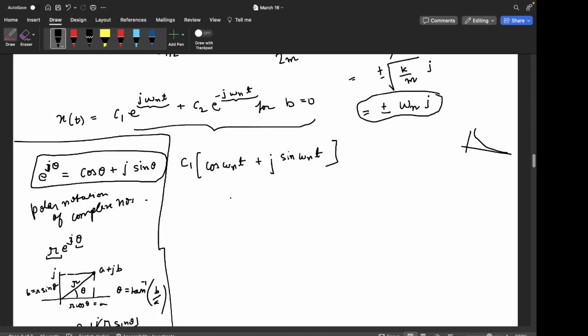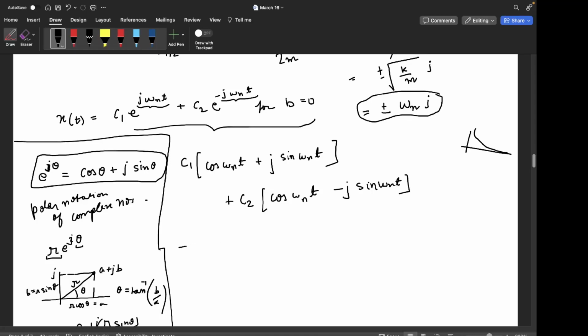Okay, and then second is c2, and then again cos omega_n t, because cos of minus theta is cos theta itself, and sine of minus theta is minus sine theta, so minus j sin omega_n t, right?